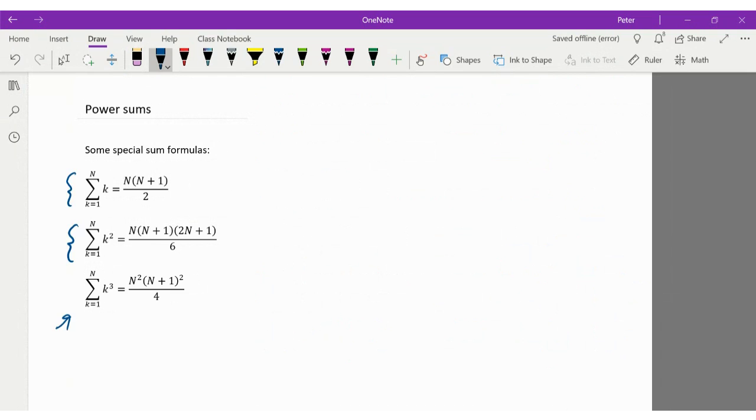Is there a reason why they are uppercase n? The answer is yes. In general, when I'm using a letter to refer to a constant rather than a variable, I'm going to use a capital letter.